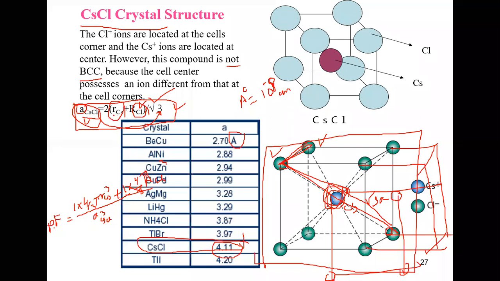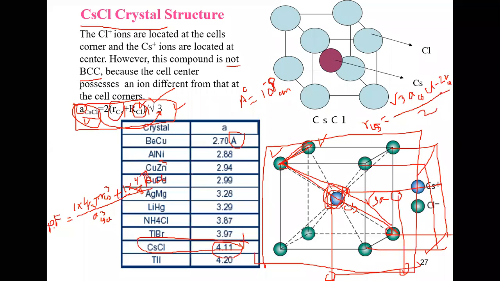You can calculate RCs from this expression. RCs, for cesium, will be root over 3 a CsCl divided by 2, and then minus RCl.